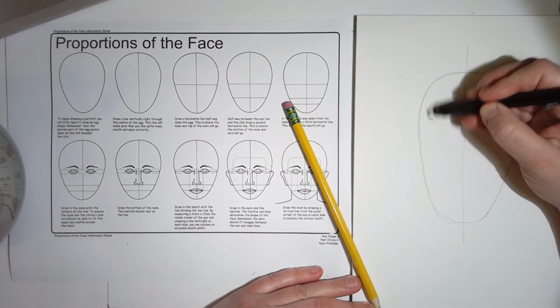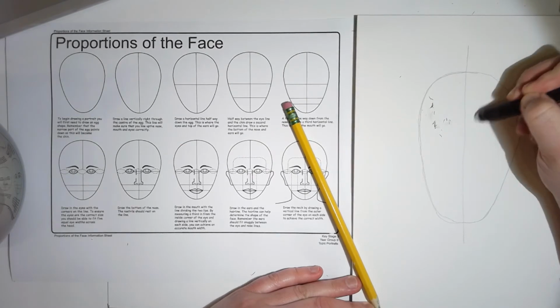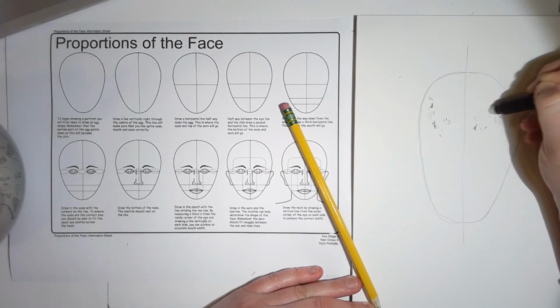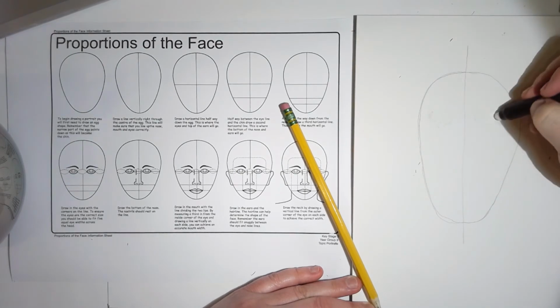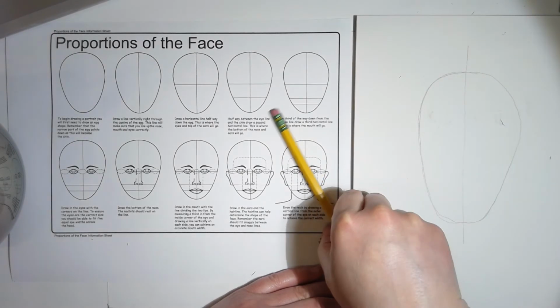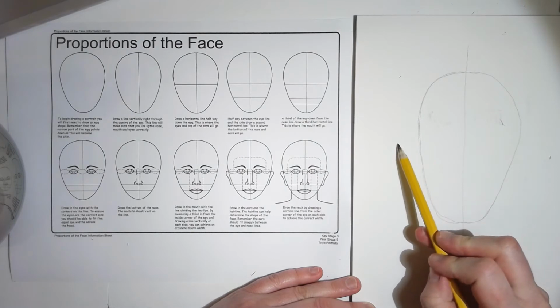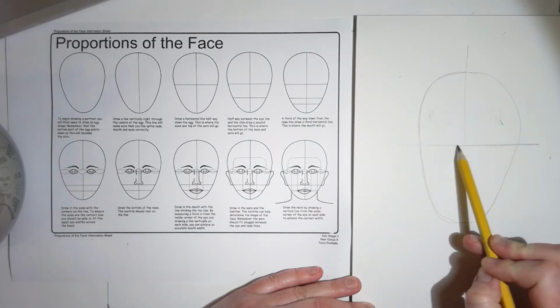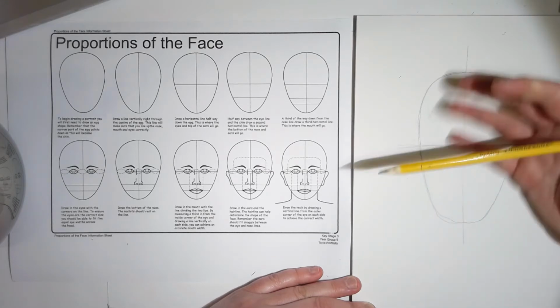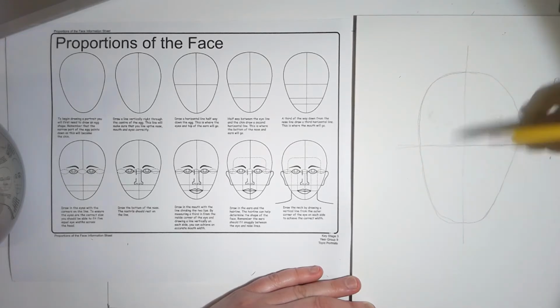So the math is so cool that we're just going to draw the lines to get the proportions right, and then we'll fill in the rest. So you're going to divide your egg in exactly half. And believe it or not, your eyes are exactly in the middle.